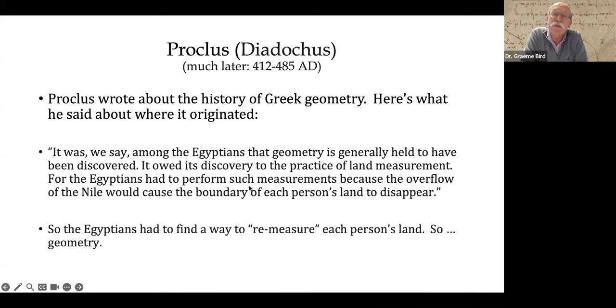So the boundaries of your property would disappear and have to be redrawn, and I guess for taxes, they had to recalculate how much land people had so they could charge them taxes. And so that seems to be one of the origins of geometry. The Egyptians are remeasuring each person's land after it's flooded. So that's kind of interesting.